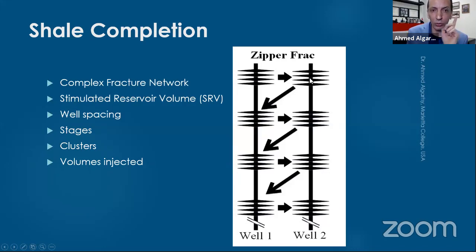Then the pumping company will go and frac the second stage in the first well. At that time, the plug and perf goes back to the first well. So they keep switching together. By doing this, you can keep the two companies busy 24 hours. This is what we call zipper fracturing, because the 2 companies keep switching together in the 2 wells at the same time.